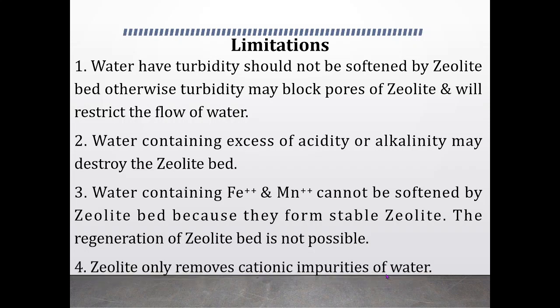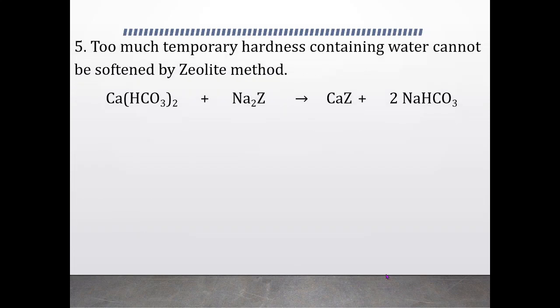Next limitation is zeolite only removes cationic impurity, means we can say that calcium or magnesium ions get exchanged by sodium, but anionic impurities may be left in the water as they are. Again, water containing too much temporary hardness cannot be softened by zeolite method.